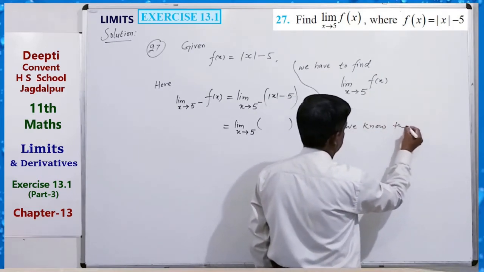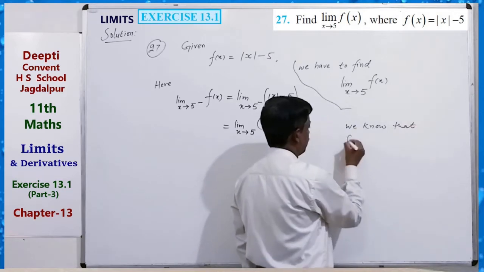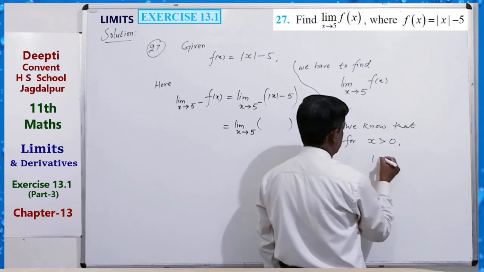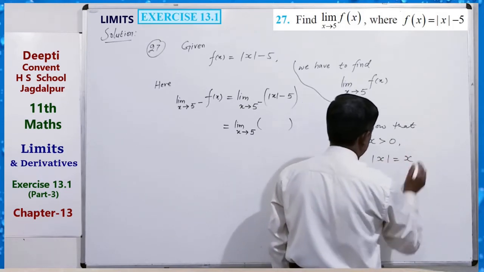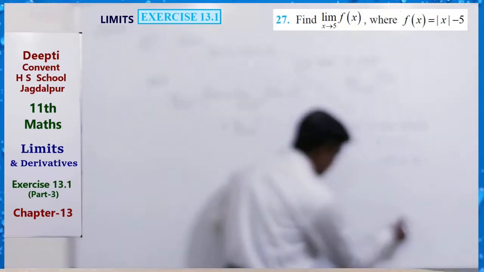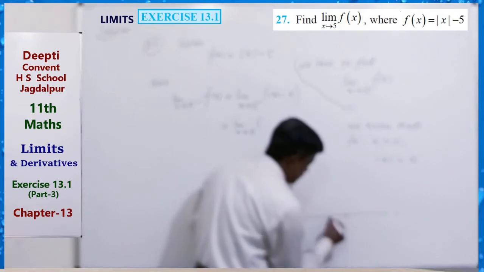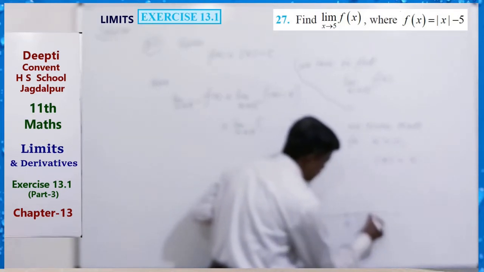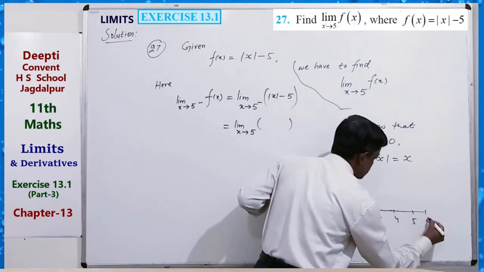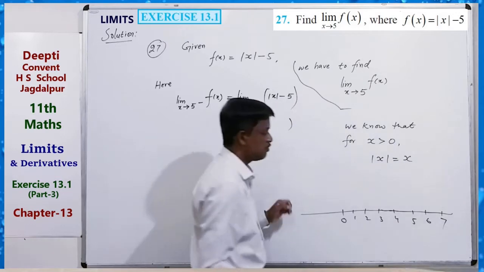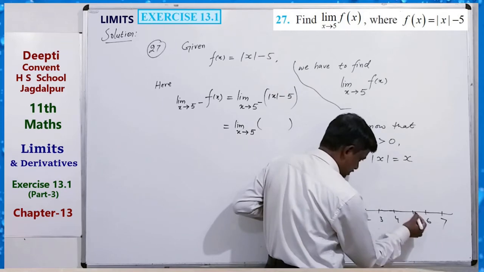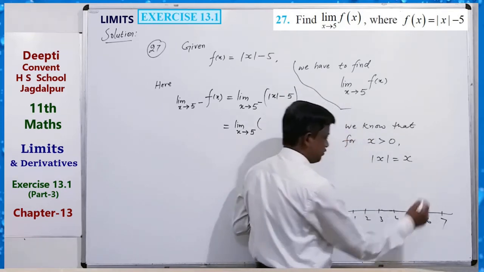Just see, we know that for x greater than 0, mod x equals x. Here, just see, this is 0. This is 1, 2, 3, 4, 5, 6, 7. This type of line. This is 5, this is 0, the greater side is this. 5 is this.